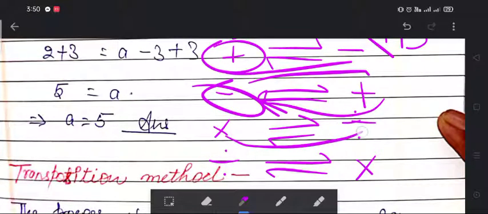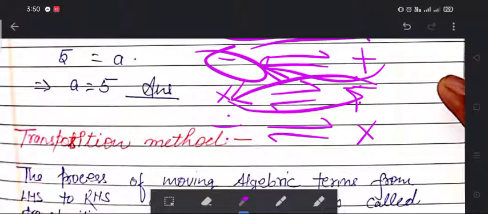When multiply goes to the right side it becomes divide, and when divide goes to the left side it becomes multiply. Similarly, when divide goes to the right side it becomes multiply, and when multiply goes to the left side it becomes divide.